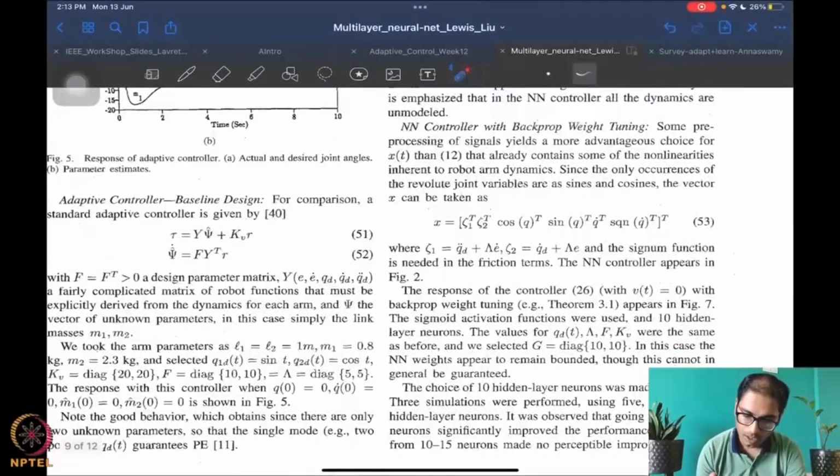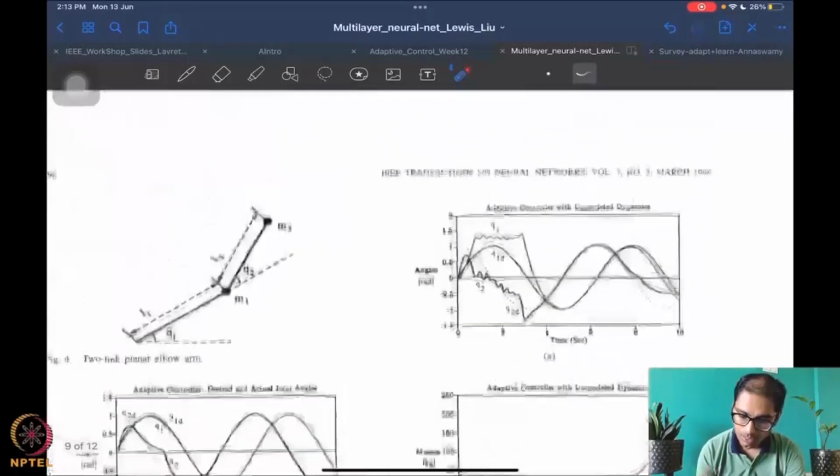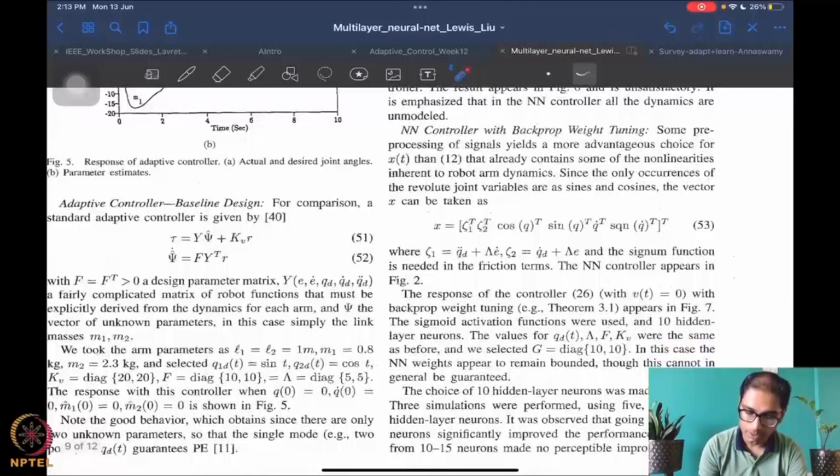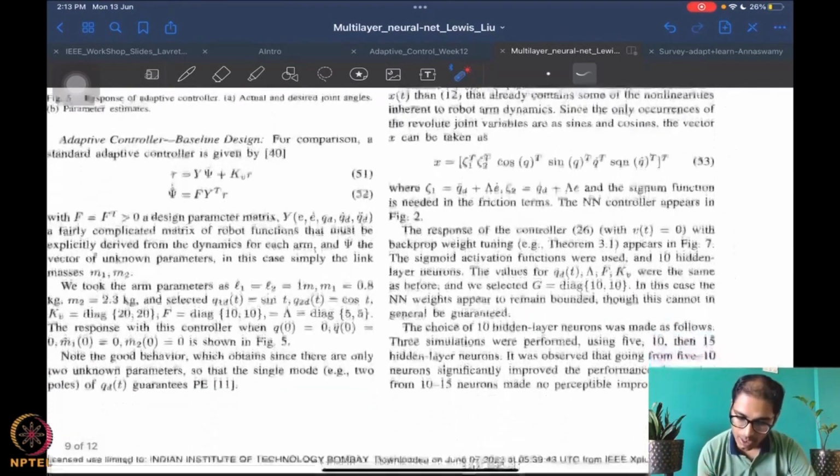So basically they see that there is a deteriorated performance here if you don't have a neural network type controller. Then you see the performance here using the back propagation, which is the idealized weight tuning, where you assume some disturbance terms are exactly zero while they're not. And then all these quantities are still the same, and there is an additional term, right?